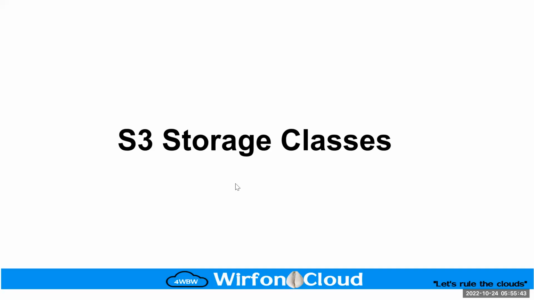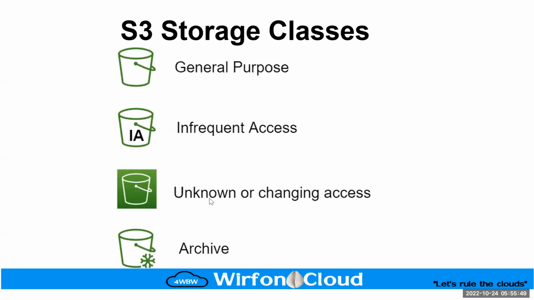If there are no questions at this point, I'm going to continue with S3 storage classes. Basically, you can put them in these four categories: general purpose, infrequent access, unknown or changing access, and archive.